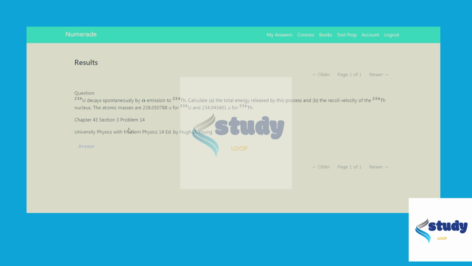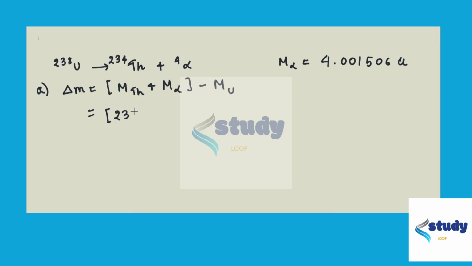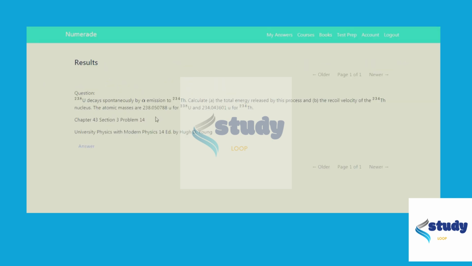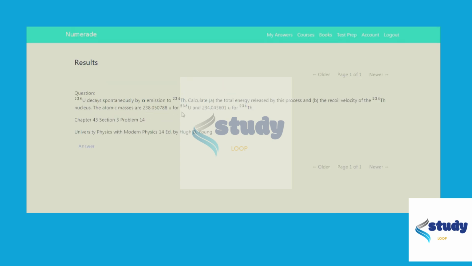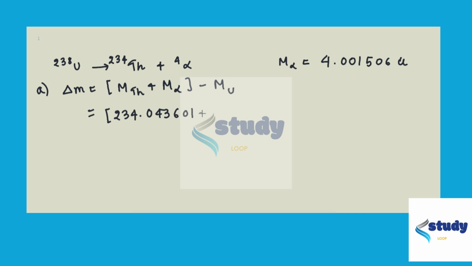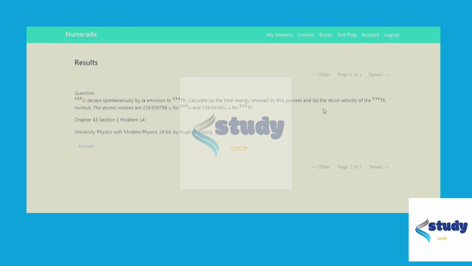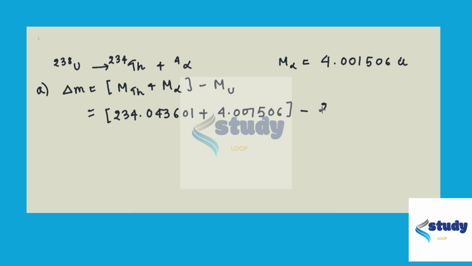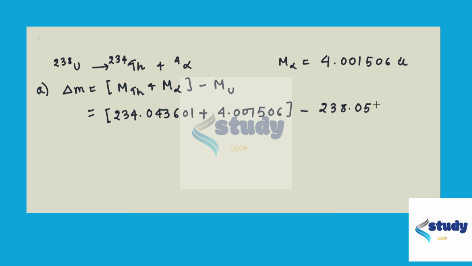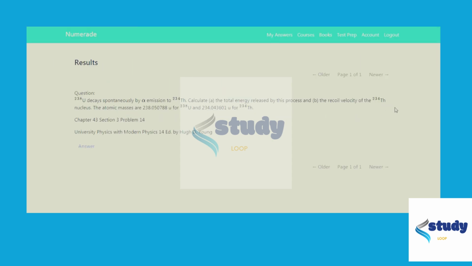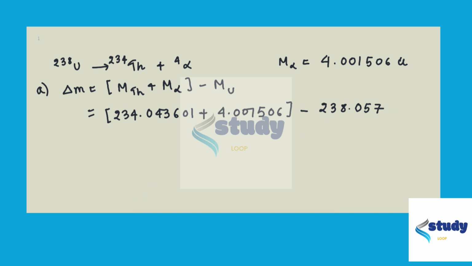So the thorium mass is 234.043601, and the alpha particle, as we just saw, is 4.001506, and the uranium mass is 238.050788.